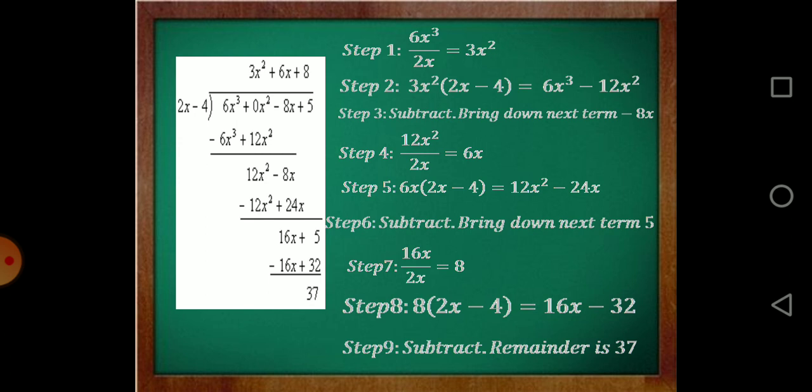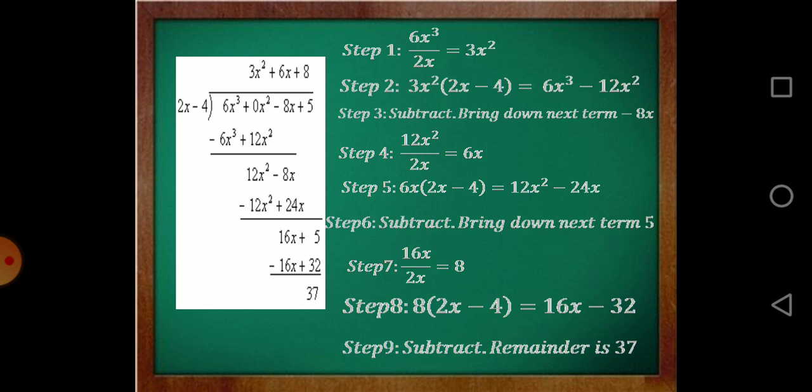And this is to be subtracted from the terms of the dividend, that is 6x cube plus 0x square. Because we are doing subtraction, straight away I am writing the side changed symbols. That is, instead of plus 6x cube, I am writing here minus 6x cube. Instead of minus 12x square, I am writing here plus 12x square.